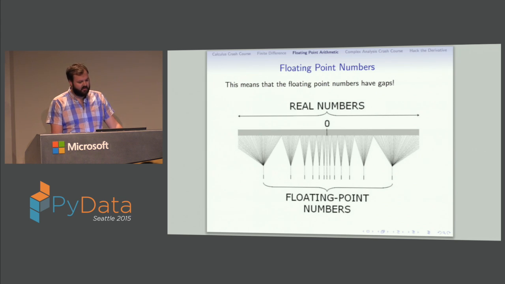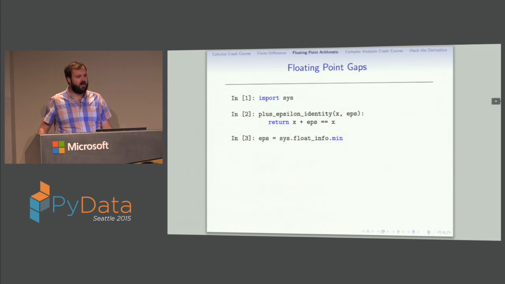And so this leads to situations where you can essentially take one floating point number and add it to another floating point number and not go anywhere. You'll essentially round off. I've written this little function called plus epsilon identity, which basically says give me an x and some small value, and we're going to add them together and see if we actually go anywhere or not.